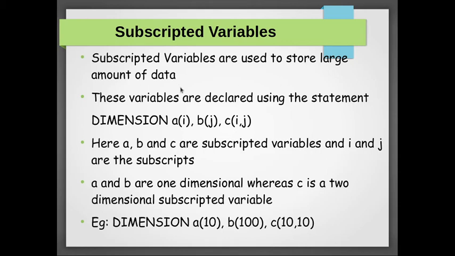Large means data going into thousands, 10,000, or even 4,000. Let me say the number of students in our college is around 4,000. If I want to find out the average weight of all the students in St. Anthony's College, I need to write a program which will ask for the weights of all the students.